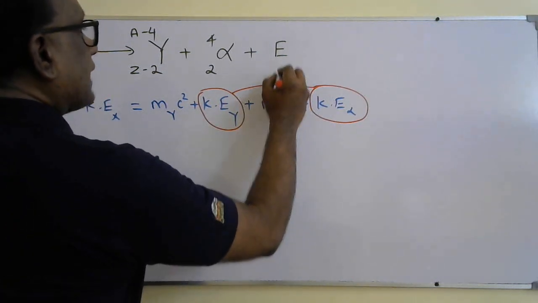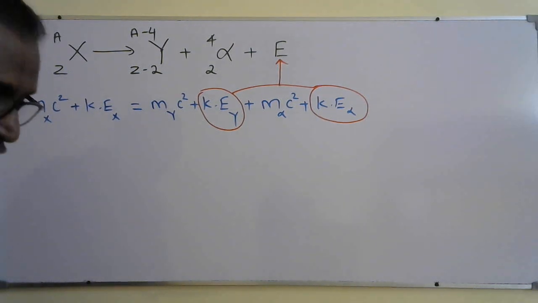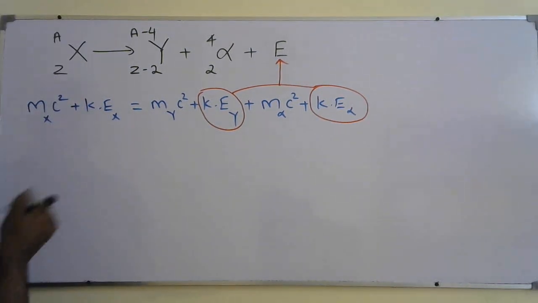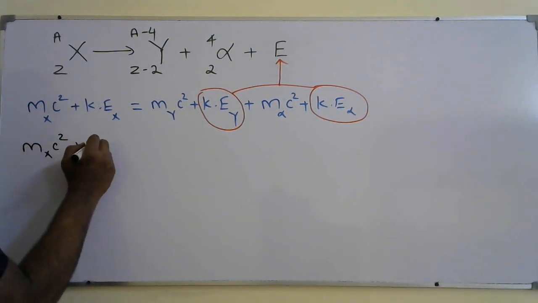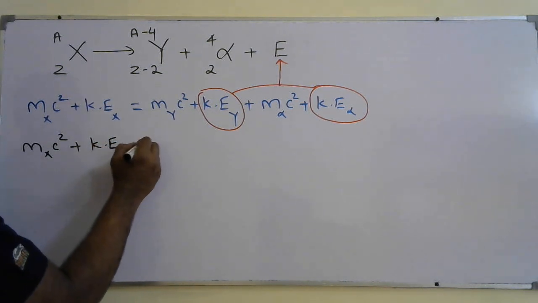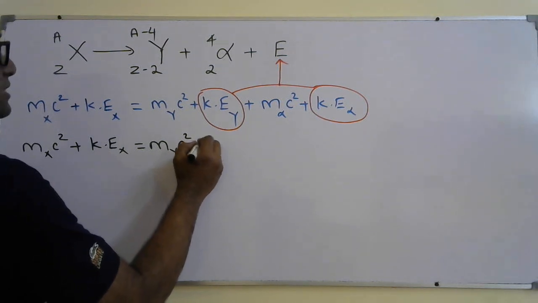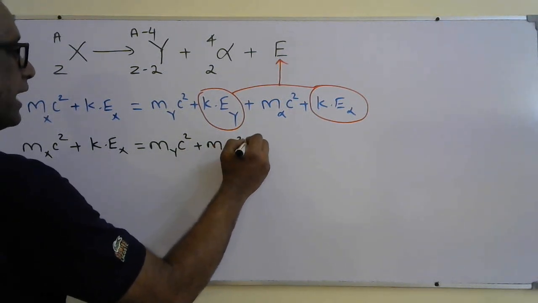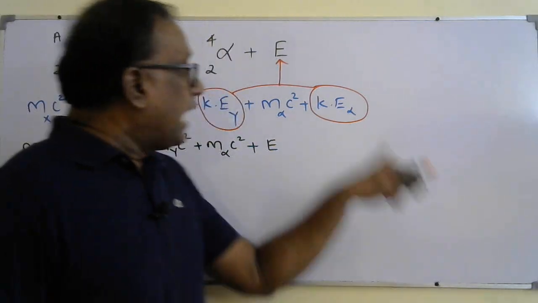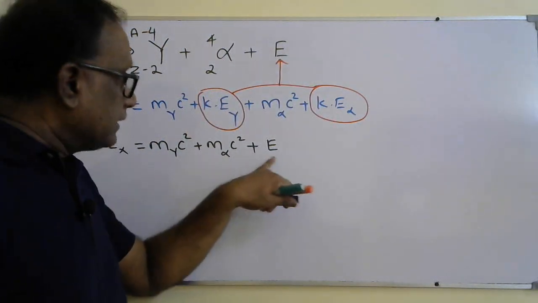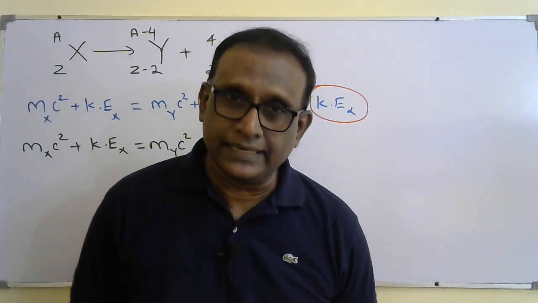Both together could be written as E. So I'll rewrite that again: mass of X c squared plus kinetic energy of X equals mass of Y c squared plus mass of alpha c squared plus E. E is the kinetic energy of the daughter nucleus plus the kinetic energy of alpha, that is the energy released during alpha decay, right?